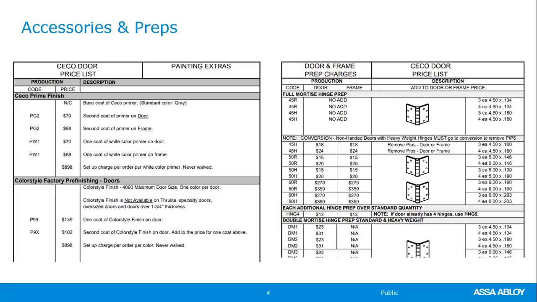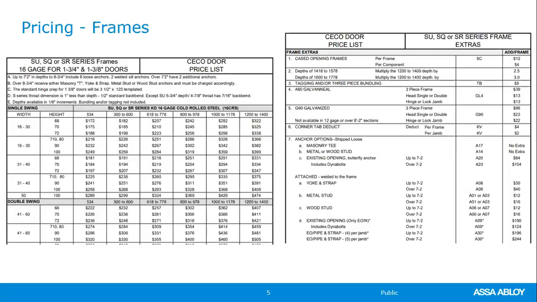So we talked about your hardware preps here. And then the next tab you'll get into is your frame pricing. Your frame pricing is listed throughout all of our frames, whether they're the standard masonry frame, which is your S frame, your drywall frame, D frames, or any of the other types of frames. The format is laid out pretty much like this.